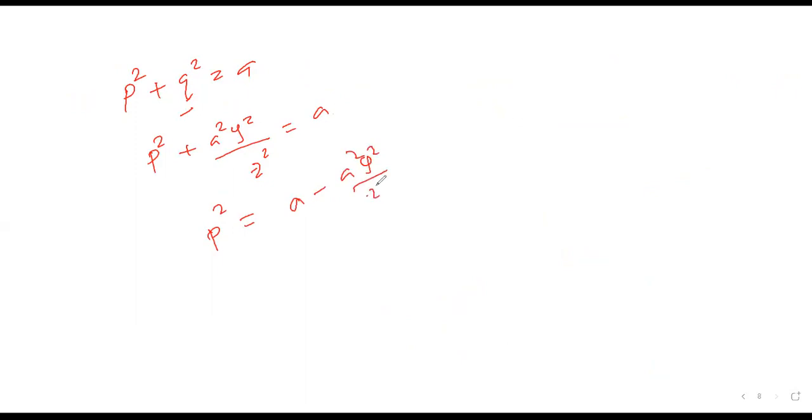Now p squared plus q squared is a, so substituting the relation for q: p squared plus a squared y squared over z squared is equal to a. Then p squared will be a minus a squared y squared over z squared. Therefore, p will be plus or minus the square root of a minus a squared y squared divided by z squared. So I have found the relation of p and q.